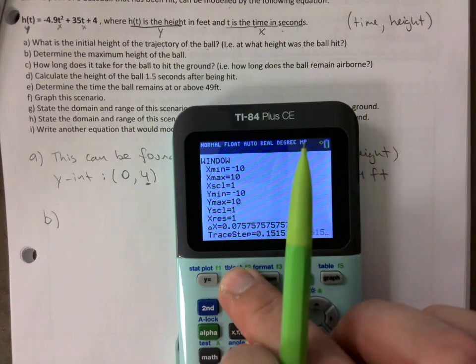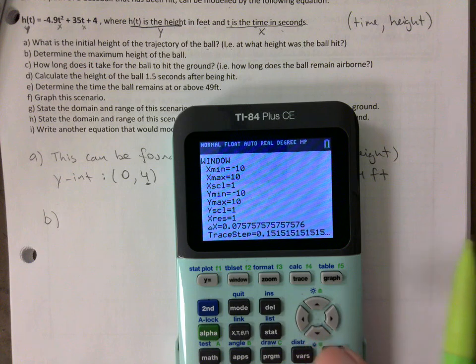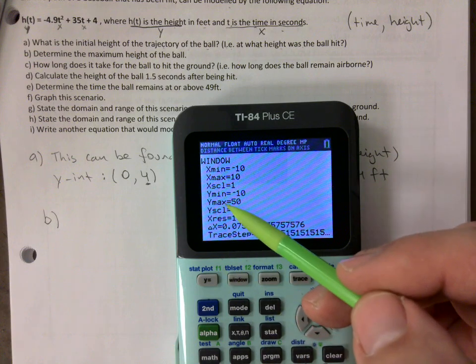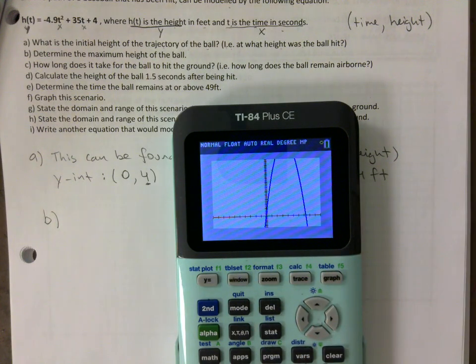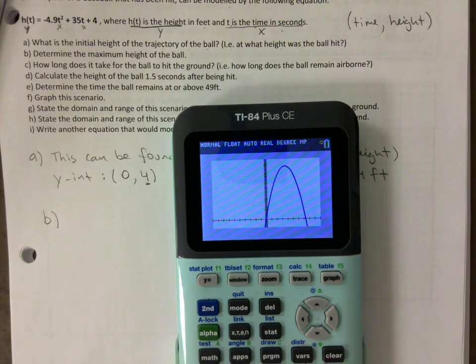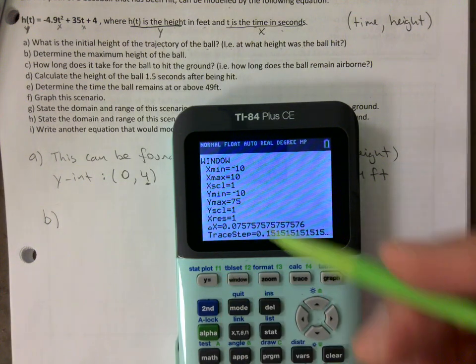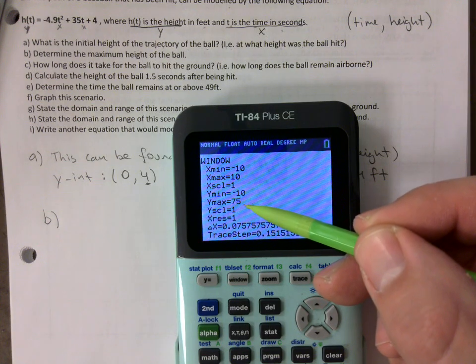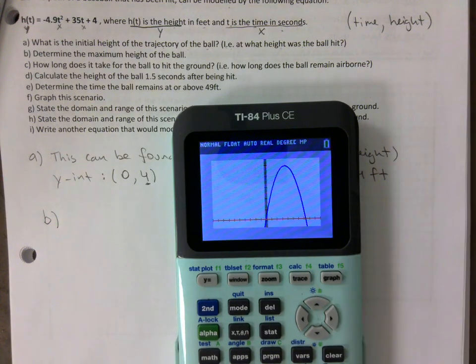I'm going to go to my window, and I don't know, I'm going to go 50 for Y max here. Just change your Y max to 50, hit graph, still not good enough. So what should we do, 75? That's pretty good. So I just changed my Y max to 75, and then we're good.